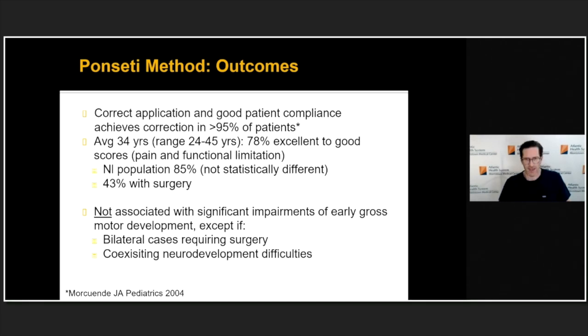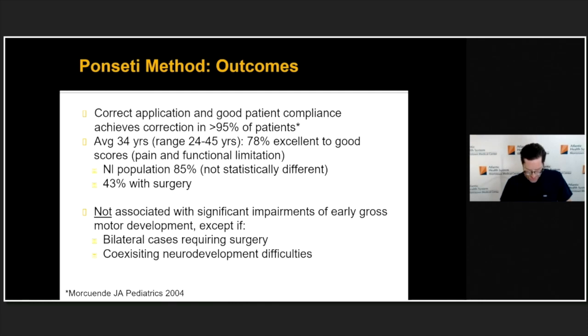Another important question I get from parents: does Ponseti treatment delay early gross development? And the answer to that has not been found to be the case. It may delay certain milestones by 1 to 3 months, such as walking, but it is not found to significantly impair motor development, except in case of surgery, which is rarely required in less than a year of age, not counting the percutaneous tenotomy as a surgery.